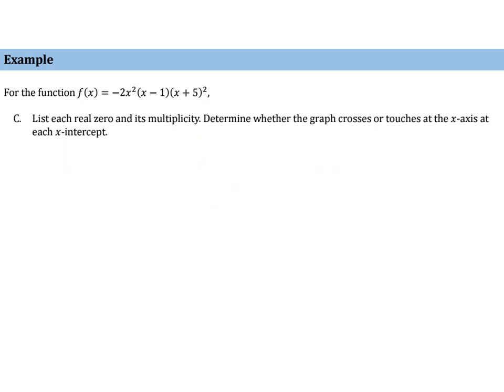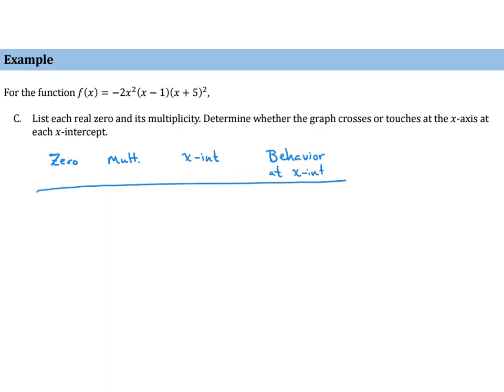Now the real zeros have multiplicity, and that corresponds to x-intercepts, which corresponds to behavior at the x-intercept. So our first zero is 0, so that corresponds to an x-intercept of x equals 0.